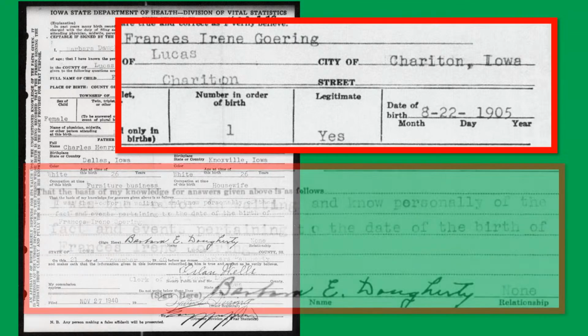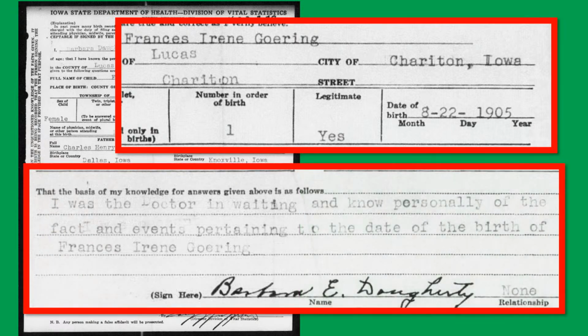And it was signed by Barbara Dougherty, who was the doctor in waiting and knew personally of the fact and events pertaining to the date of birth of Frances Irene Goring. Well, she's a doctor. She likely looked at her record books to be able to come up with a statement like that for a delayed birth certificate.